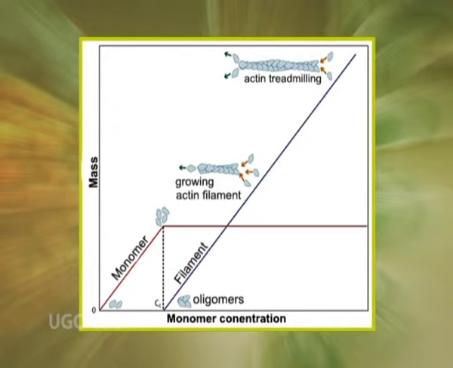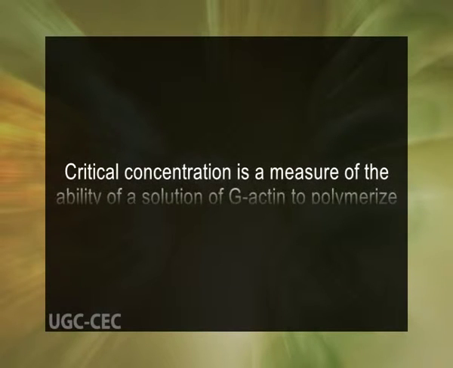At this critical concentration, monomers and filaments are in apparent equilibrium. The critical concentration is a measure of the ability of a solution of G-actin to polymerize.